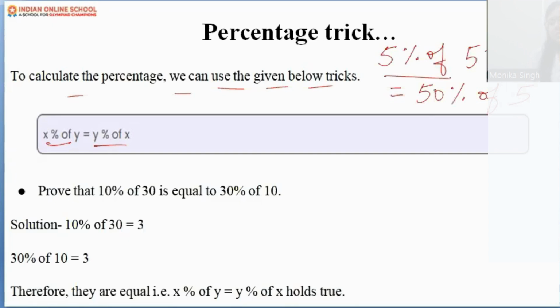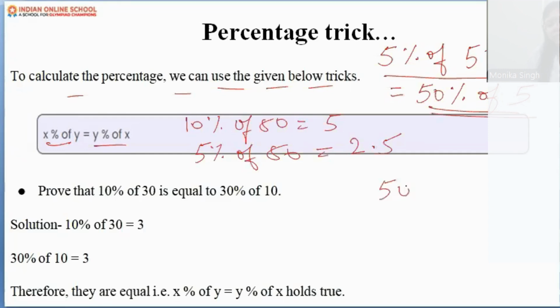Now let's calculate it. 5% of 50 means, what will be 10% of 50? 10% of 50 is 5. So 5% of 50 will be half of 5, that is 2.5.